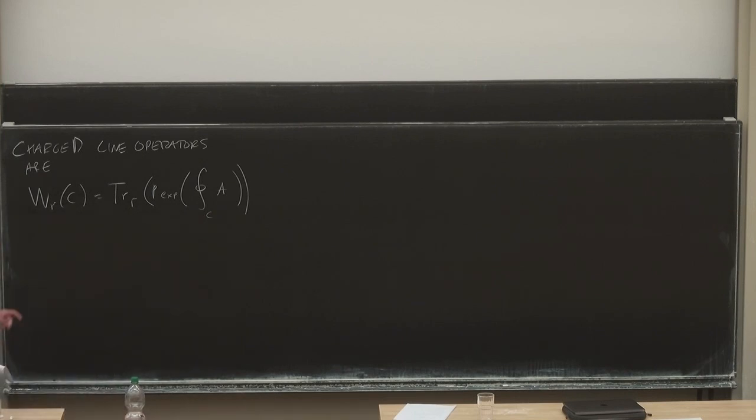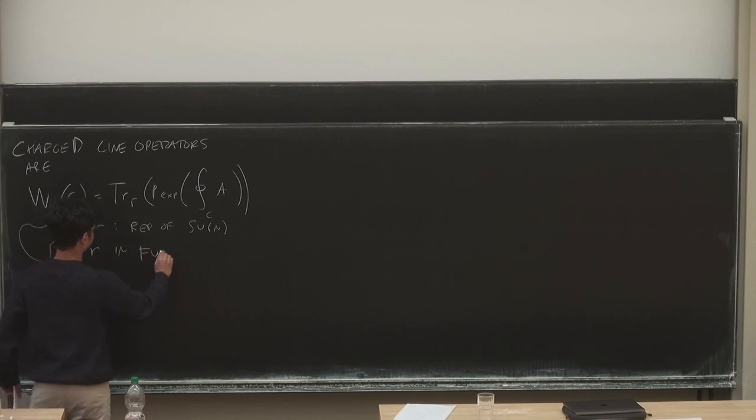So the Wilson lines are labeled by a closed curve C and a representation R of the gauge group, which in our case is SU(N). Now, it turns out that the one that we want for this purpose is going to be R in the fundamental.